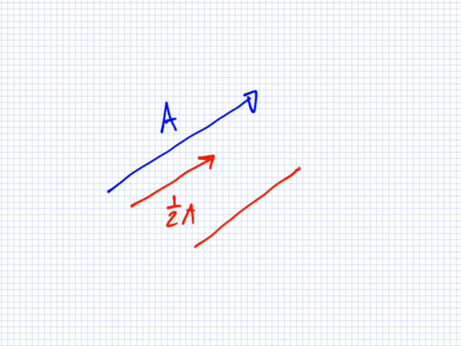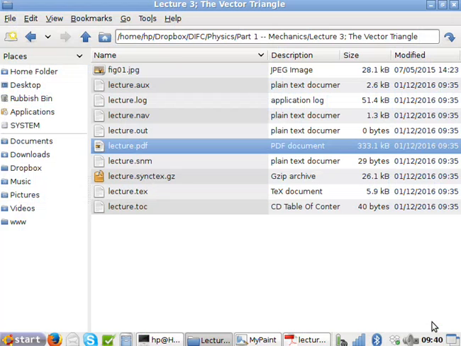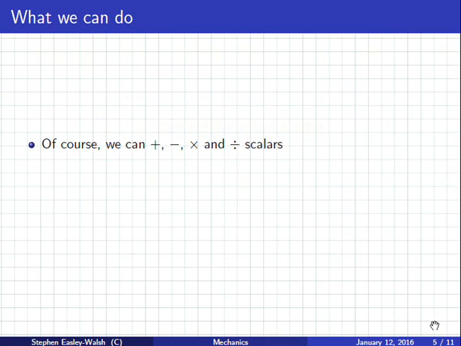So, for example, here, let's say this is my vector, I'll call it A. So this here in red will be the vector a half A. And this here will be the vector 3/4 A. And this here will be the vector 2A.